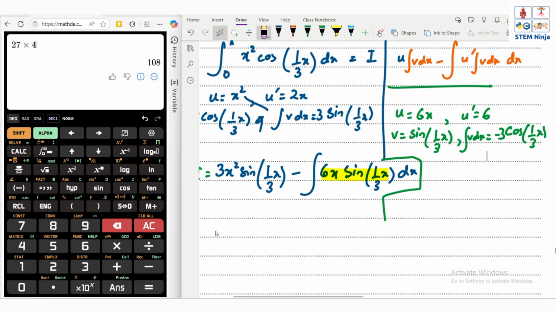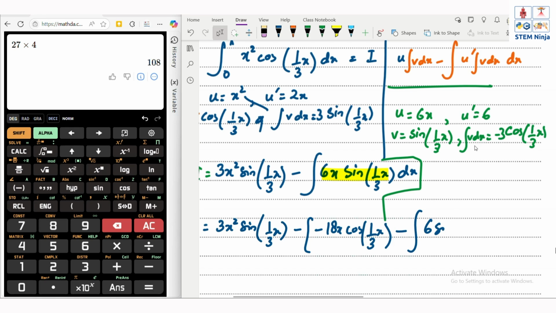So we will have 3x squared sine 1/3 of x minus 18x cos of 1/3 of x minus integral 6, sorry, minus 18 cos 1/3 of x dx. So this minus minus can become plus over here.